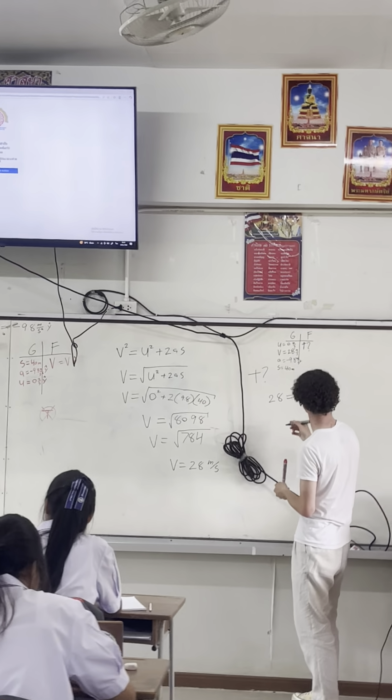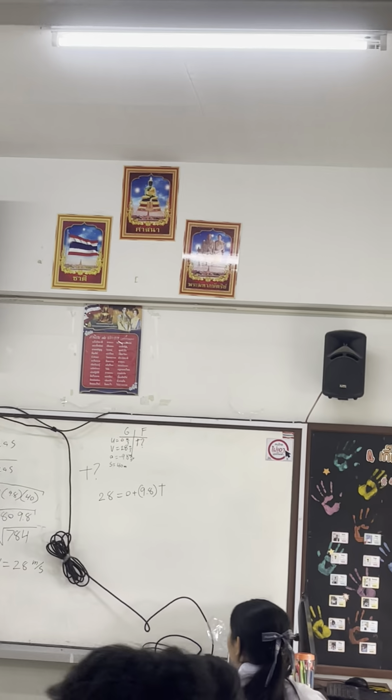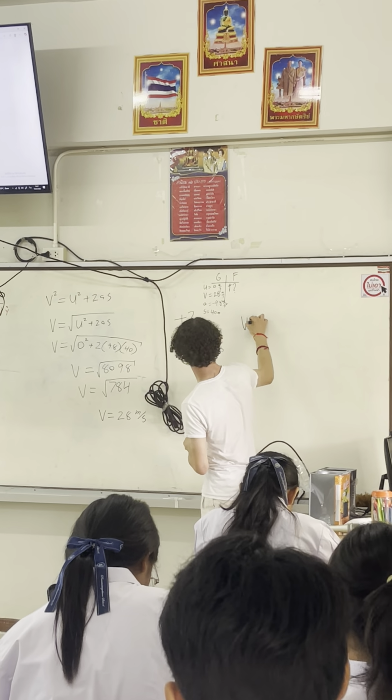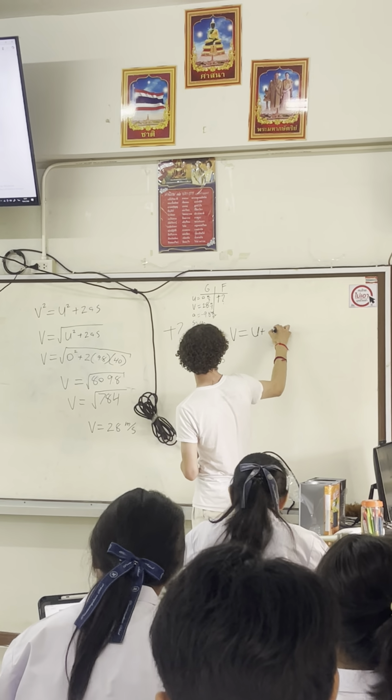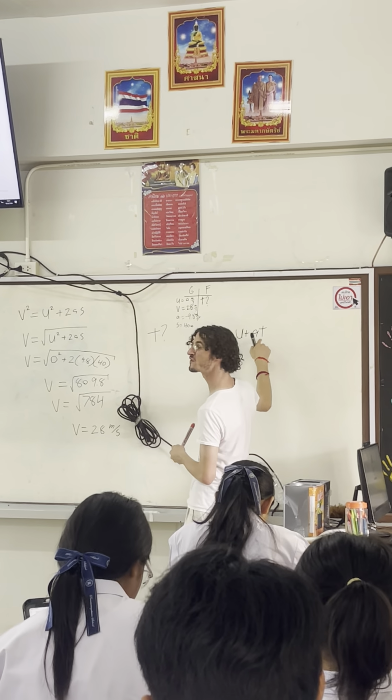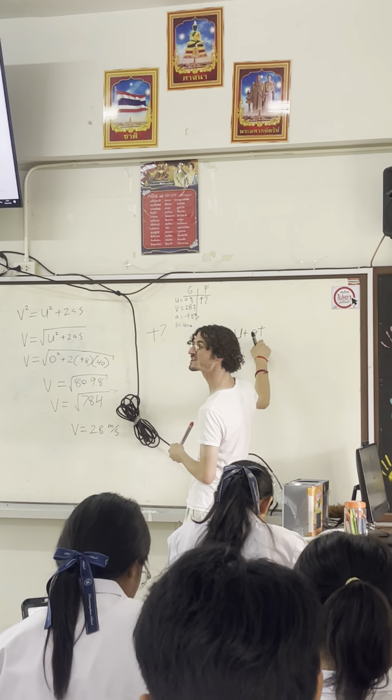Oh, well, I don't like that. Wait one sec. First, don't use numbers. Only letters at first. So let's do V equals U plus A T. Solve for T first. Algebra first.